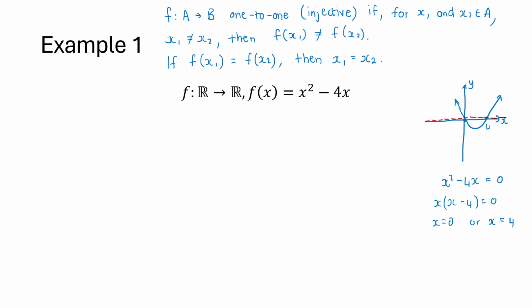So suppose we take the horizontal line y is equal to 0. We've already seen we have an intercept at x is equal to 0 and at x is equal to 4. So this is exactly our counterexample to show that this is not one-to-one.